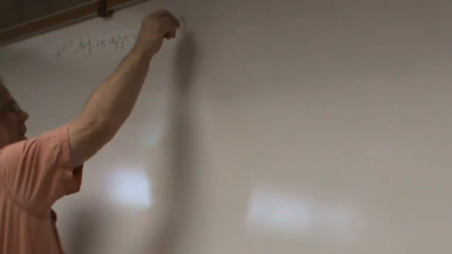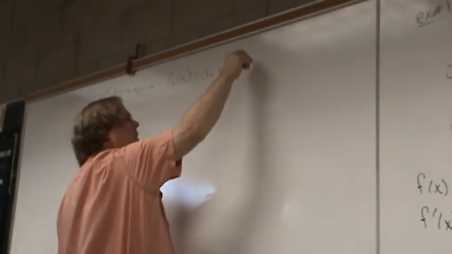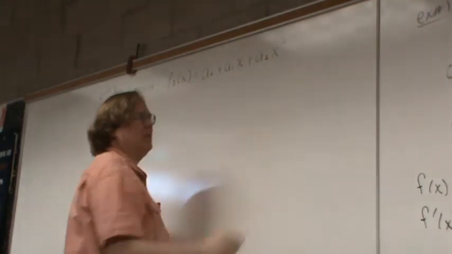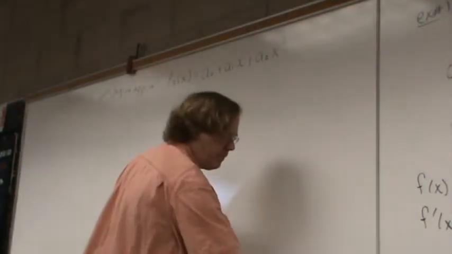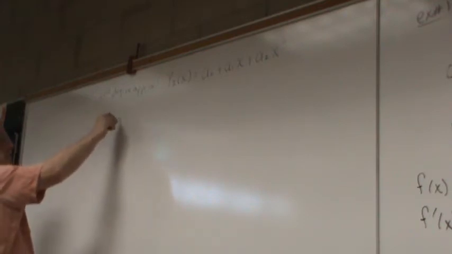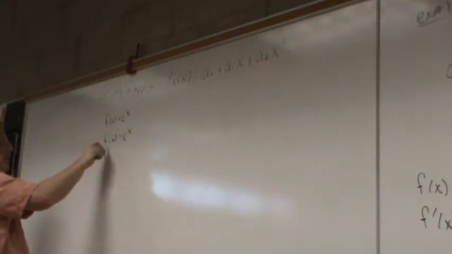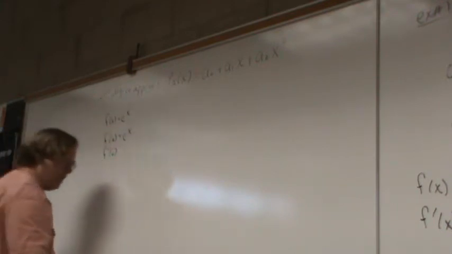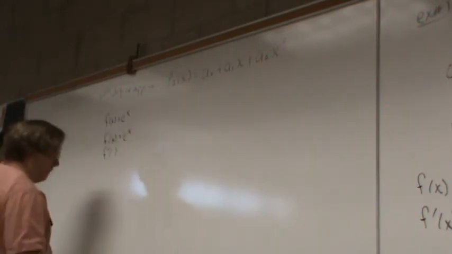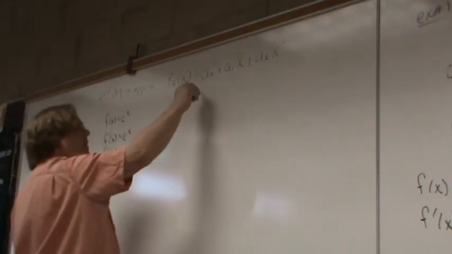So now I'm going to use P2 of x, and that's going to be a0 plus a1x plus a2x squared, because it's going to be a second order approximation. And as before, I'm going to get f of 0, f prime of 0, and f double prime of 0, and set them equal to p of 0.